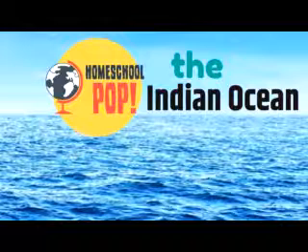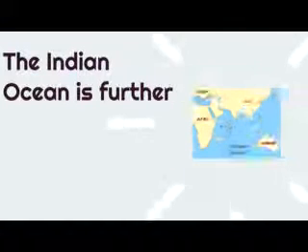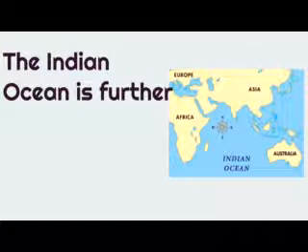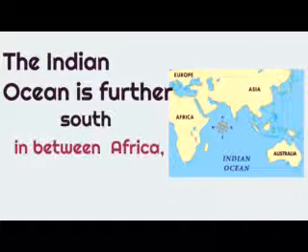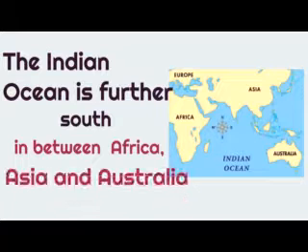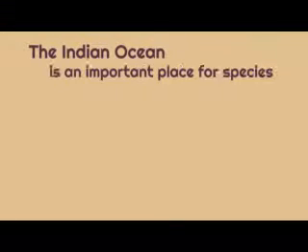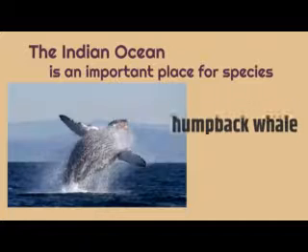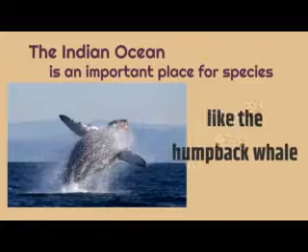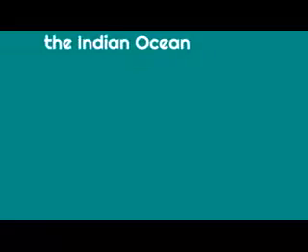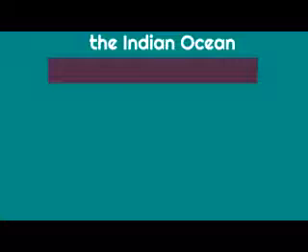Next up, the Indian Ocean. The Indian Ocean is further south, in between Africa, Asia, and Australia. The Indian Ocean is an important place for species like the humpback whale. The Indian Ocean is also important for transporting goods.